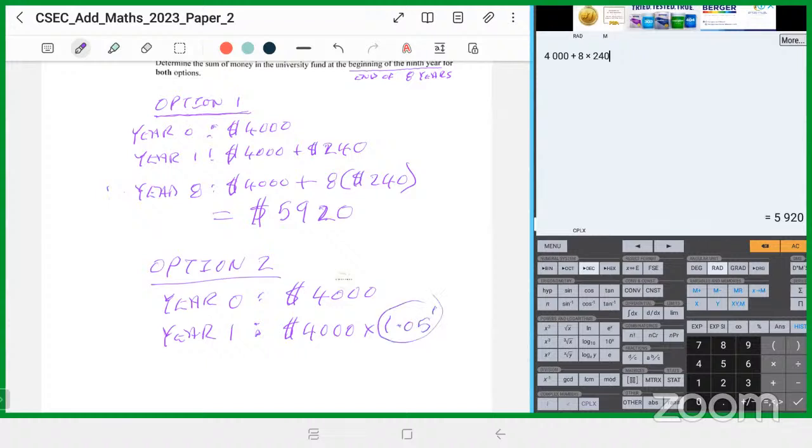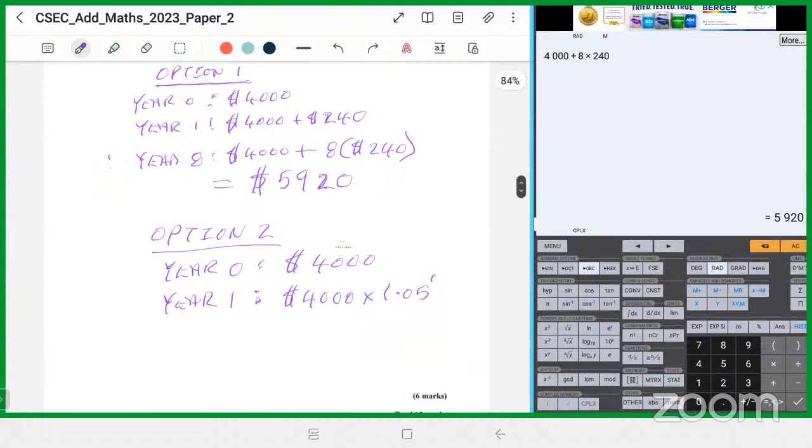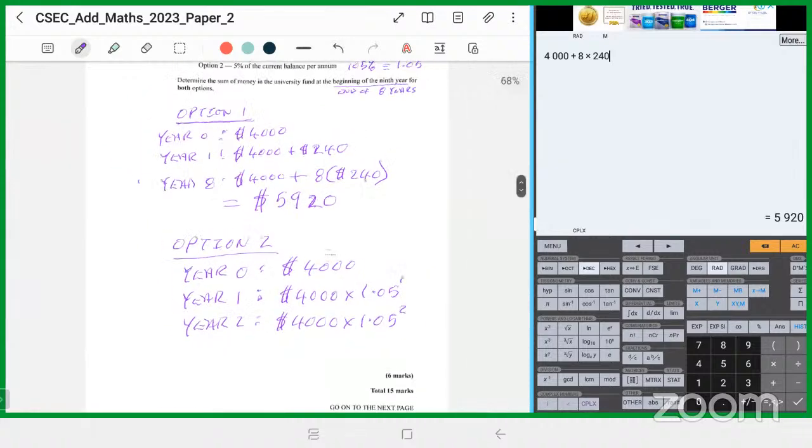We're going to multiply it one time. Just to show the pattern, year 2 is going to be this amount. I apply the interest to this amount. So the total in the account after year 2 is going to be 4,000 times 1.05 squared, as I multiply by it another time.